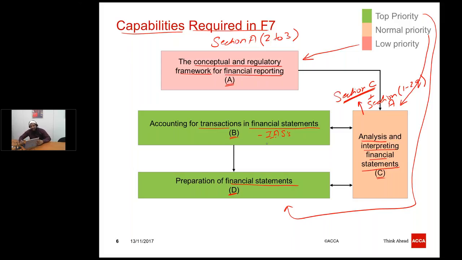So in part B the areas included are the accounting standards, and part D includes both entity financial statements, which means individual financial statements, and group financial statements, which means consolidated financial statements. So these are the capabilities required for a student to pass the F7 exam.